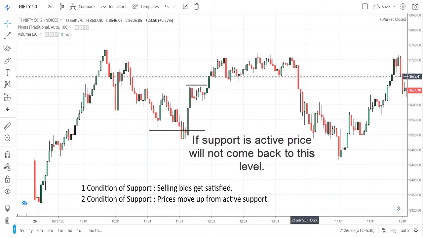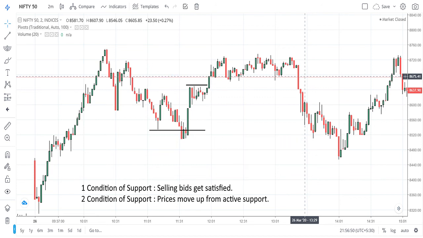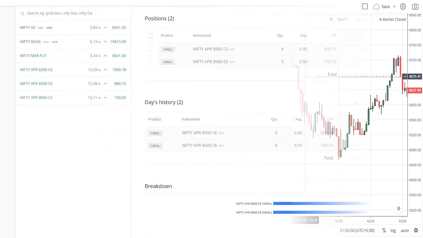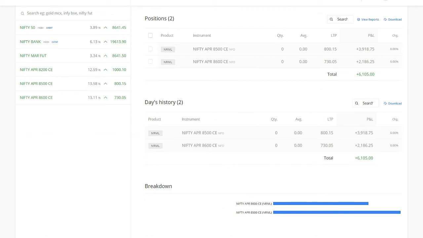Now we know if support is active, prices will not come back to support and will start moving up. In other words, if resistance breaks without price coming to this support level, we will be sure support is active. When that happened, I bought a call option for the 8,600 strike price on Nifty and the second profit was booked.